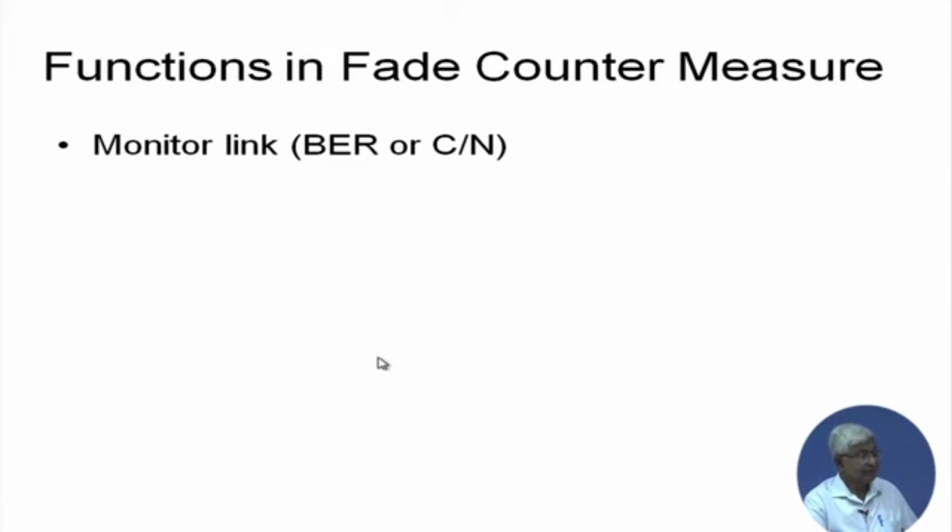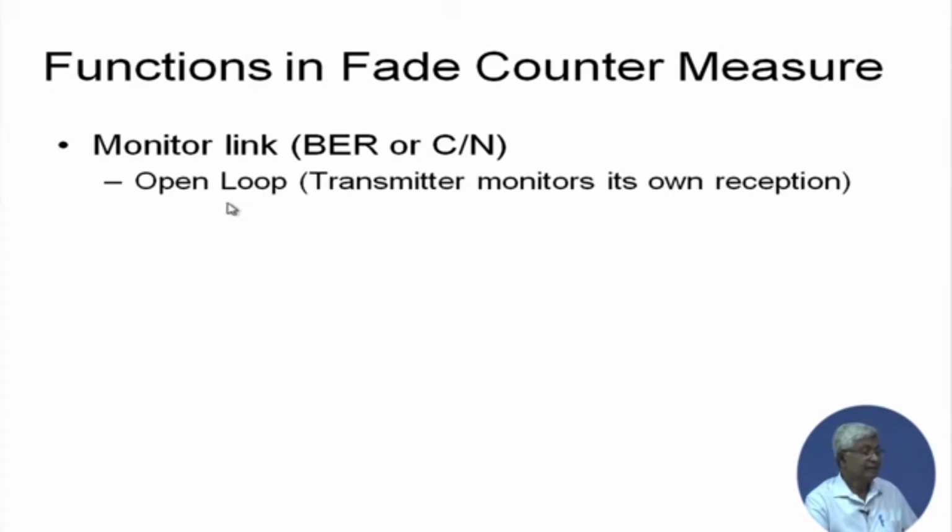Now, the function of fade countermeasure or mitigation is, first you monitor the BER or C by N. That is possible with open loop, where the transmitter monitors its own reception. The transmit path is going to the satellite, and the satellite is rebroadcasting back, so some power is coming back, assuming both transmitter and receiver are within the transmit receive antenna gain contour, the coverage of the satellite.